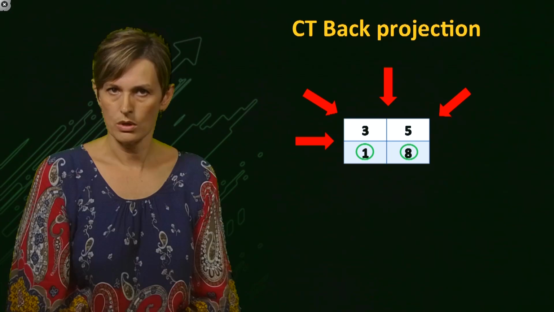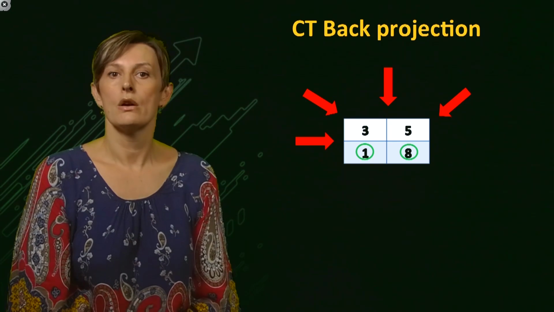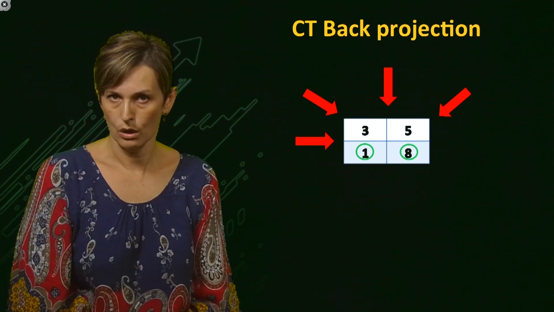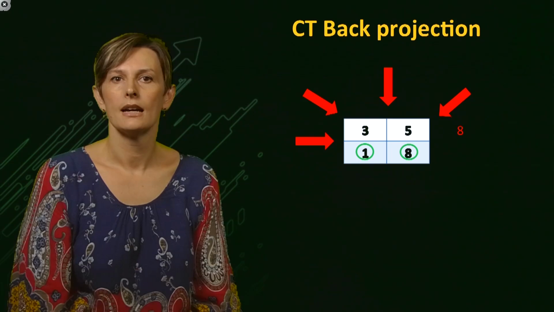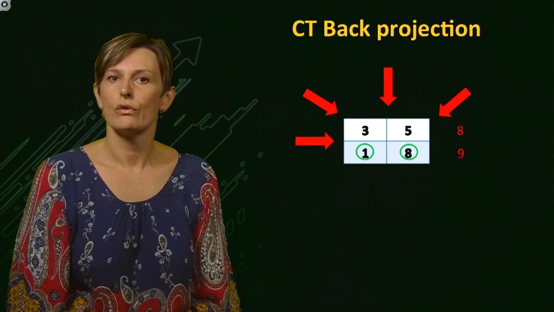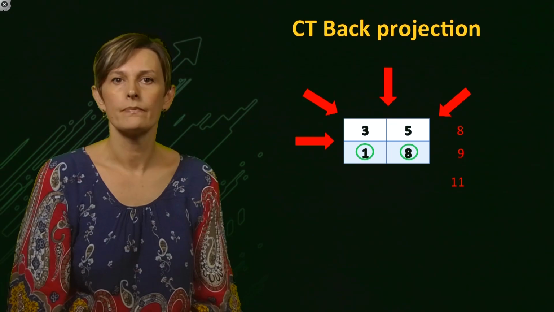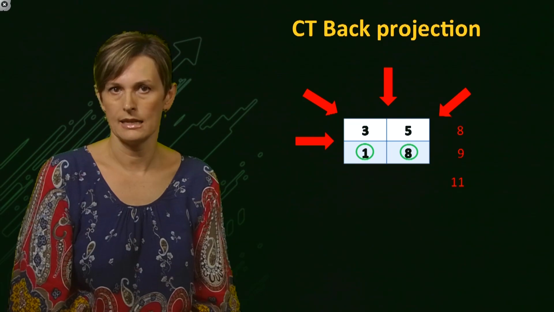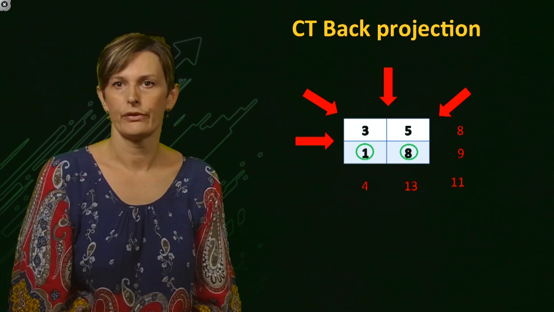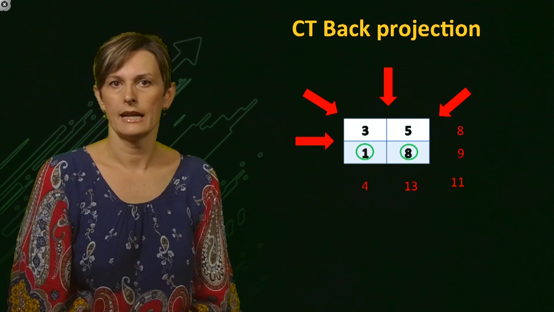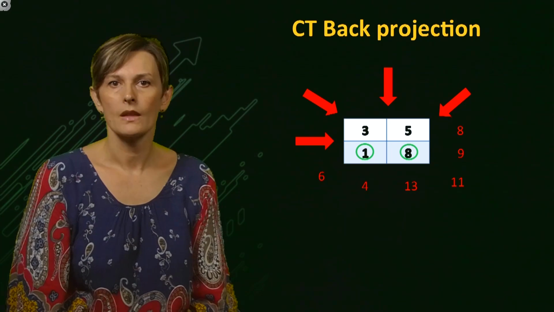So in this example, the new attenuation values after X-ray radiation from the 0 degree angle will be 8 and 9. From 45 degrees, the new value will be 11. And then, from the top at 90 degrees, the values will change to 4 and 13. And finally, at 135 degrees, the new value will be 6.